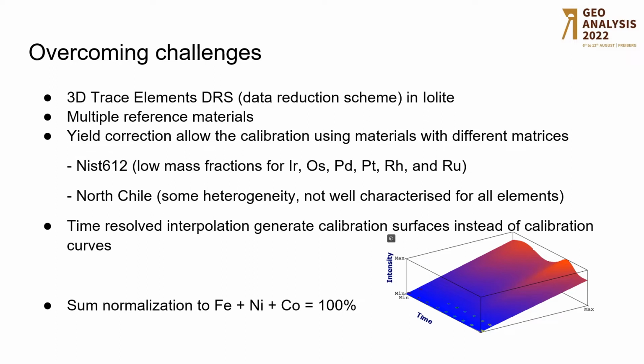With this approach, we improve the matrix effect corrections without previous knowledge of the mass fraction of any element, as in the traditional internal standard approach. This feature allowed the successful analysis of iron meteorites and is mandatory when acquiring elemental maps.